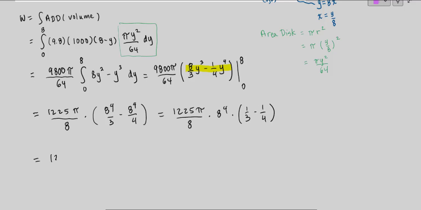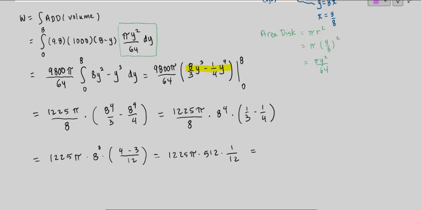We then can cancel out one of those 8s, giving 8 to the 3rd, and get a common denominator of 12 here. We'll have 4 minus 3 over 12. Okay, we're getting there. So 1,225 pi multiplied by 8 cubed. 8 cubed is 512 multiplied by 1/12.